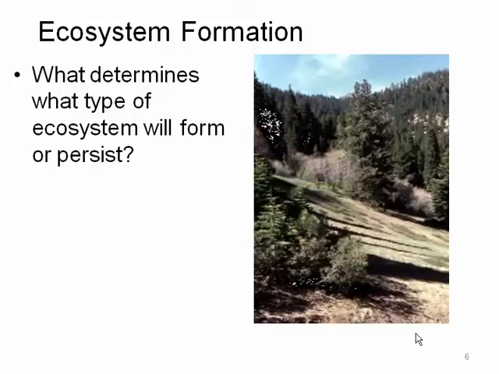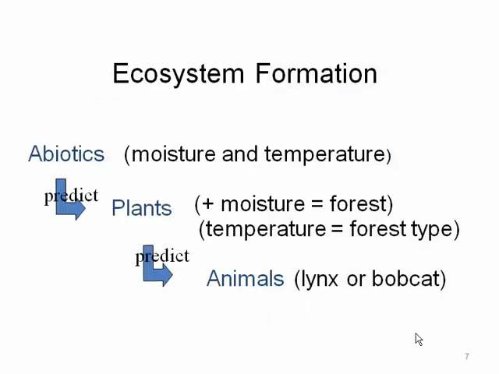It's the combination of its physical environment coupled with the location that will determine what sort of biological system develops. So ecosystem formation is a function of the abiotic environment, and typically moisture and temperature. The amount of rainfall that provides moisture to the land surface and the temperature characteristics will predict what sort of plant regime you get.